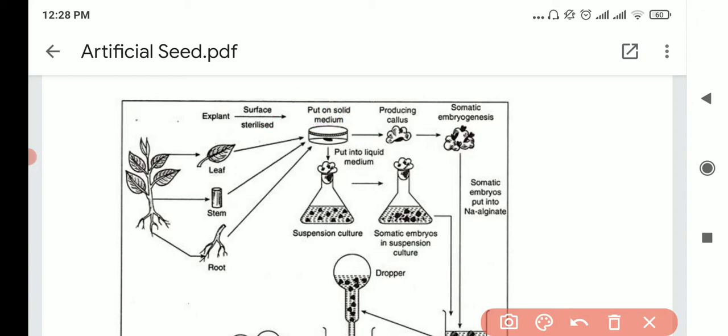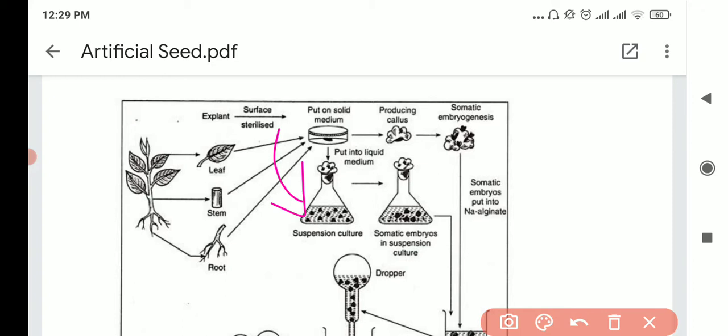So you place it on the solid medium, or depending on you, you can place it in a liquid medium also if you want to cultivate so many, like if you are working in an industry and have to produce lots of medicine. You can put it in the liquid medium where you can keep many explants.